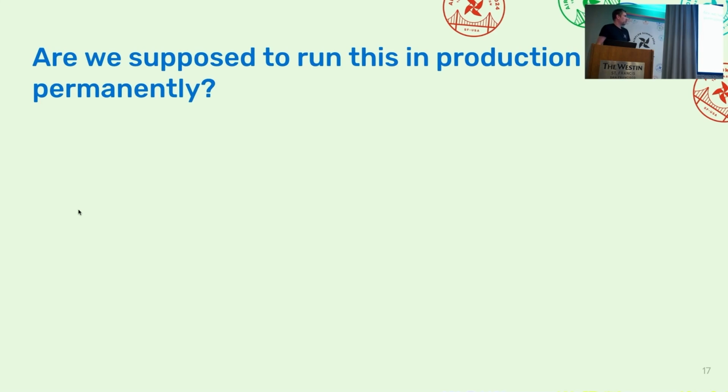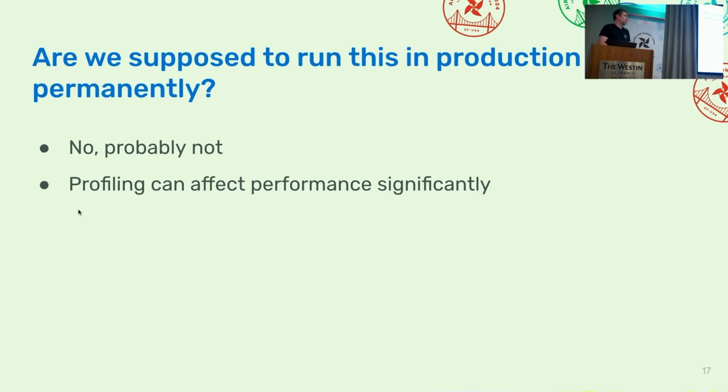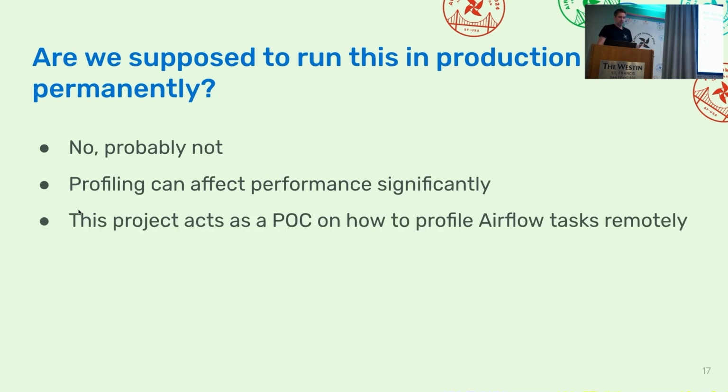And are we supposed to run this in production permanently? No, probably not. Profiling can affect the performance significantly, and if you have performance-critical code, this is a no-go. What we have done here is basically a POC for how we can profile tasks in Airflow, and particularly remotely. So this can run wherever you want.